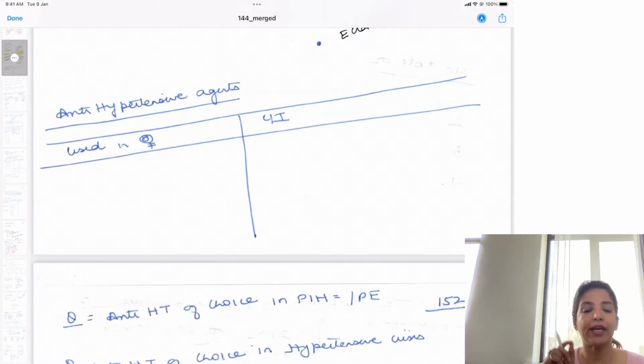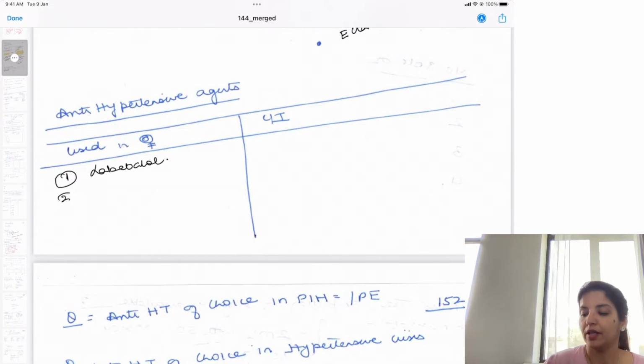Now, talking in detail about antihypertensive agents. Which antihypertensive agents can be used in pregnancy? Number 1, you can use labetalol. Labetalol is an alpha and beta blocker. Number 2, you can use hydralazine.